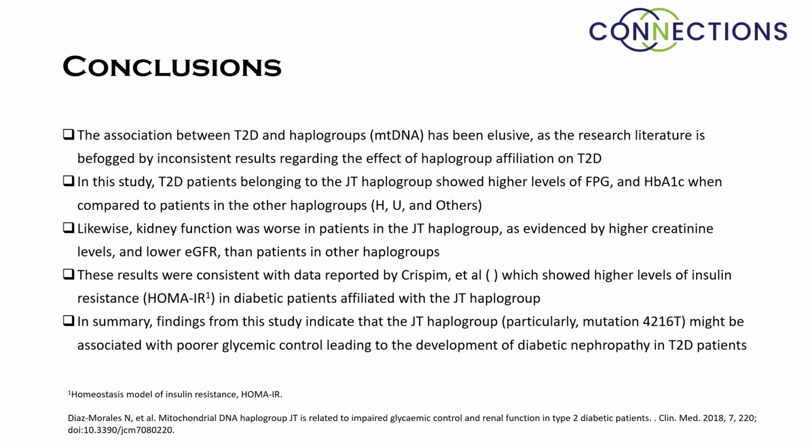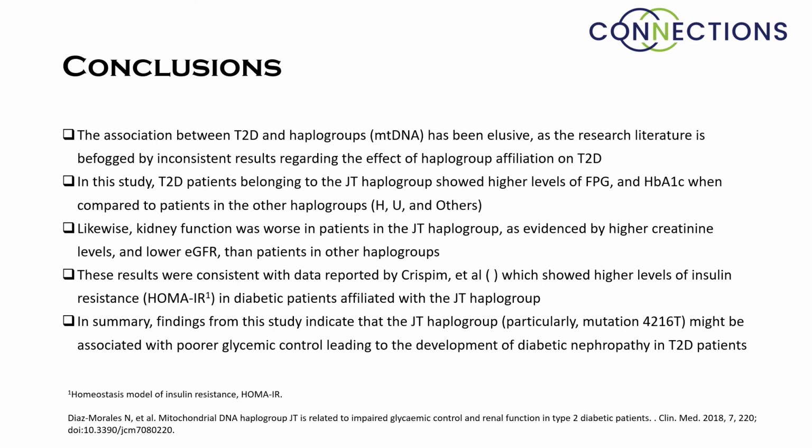In this study, type 2 diabetic patients belonging to the JT haplogroup showed higher levels of FPG and A1C when compared to patients in the other haplogroups, that is haplogroup H, U, and others. Likewise, kidney function was worse in patients in the JT haplogroup, as evidenced by higher creatinine levels and lower eGFR than patients in other haplogroups.